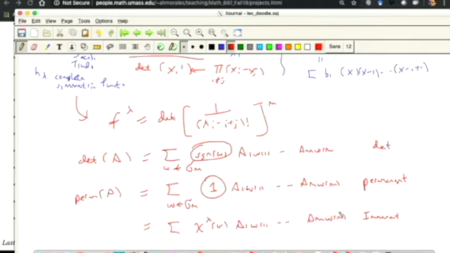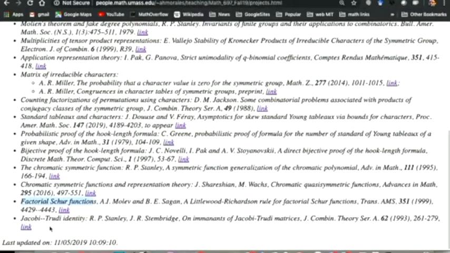The immanant depends on lambda, the irreducible character of the symmetric group we chose. This sounds like a crazy definition, but it actually has significance in representation theory and in combinatorics. This is what this paper is about, and it has some results also on the forgotten symmetric functions. I think I mentioned this basis in the very first week of the class when we were giving an overview of the topics.